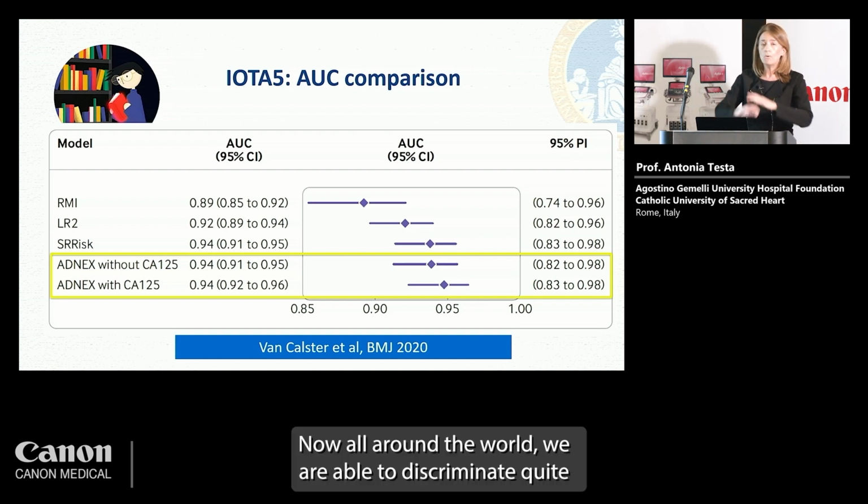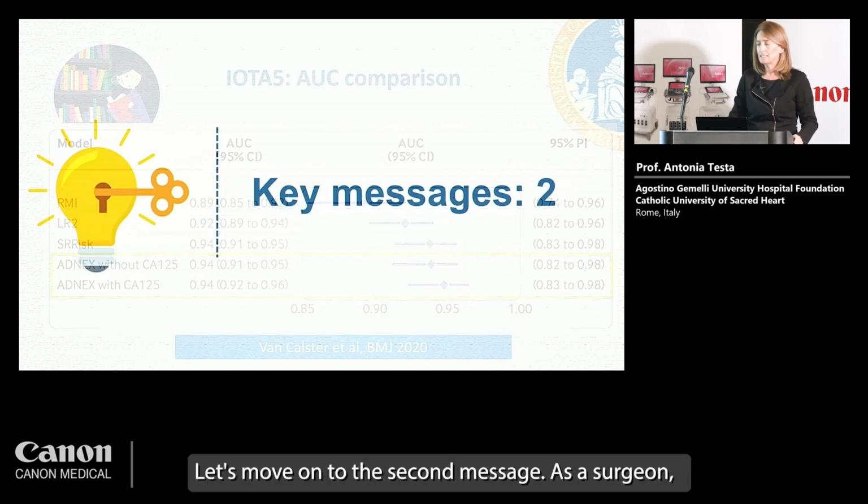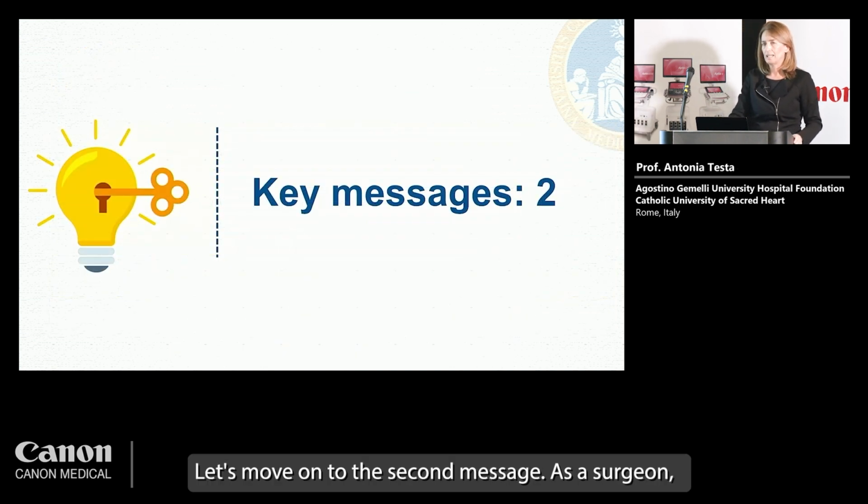So now all around the world, we are able to discriminate quite well with a simple method whether the cyst is benign or malignant. Let's move on to the second message.